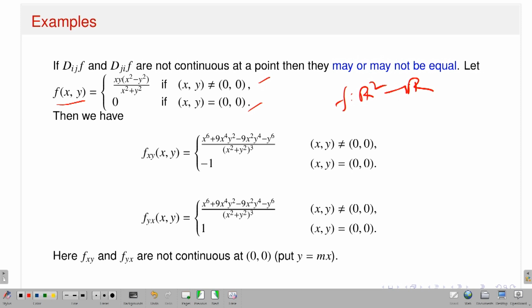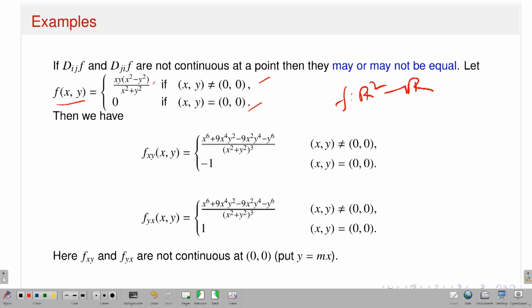Now I already discussed many times that if I have this kind of function, then you can easily calculate the partial derivatives of f with respect to the x variable and y variable, because if the point xy is non-zero, then you just think about this as a function. Only at the breaking point, that means the point 0, 0, the origin, you have to calculate the partial derivative explicitly by using the definitions.